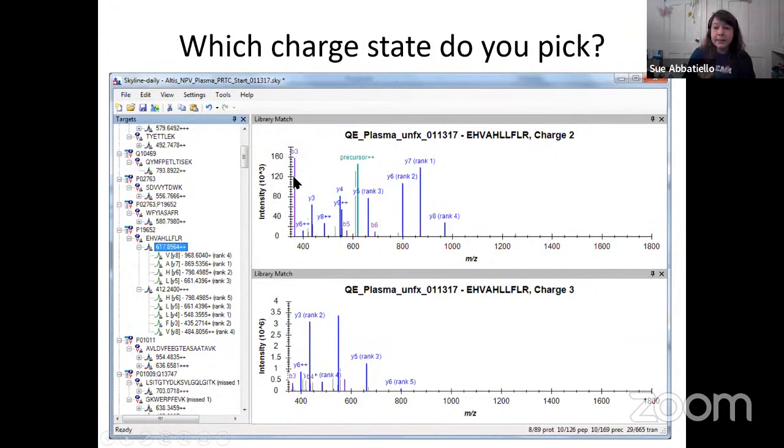When I set up a list and I'm looking at what's the best peptide to pick from proteins, I will usually look at the +2 charge state and the +3 charge state of a particular peptide. So here on the left-hand side in what we call the tree view, we've got the protein accession number, the peptide sequence with it, which is EHVAV, and then the +2 charge state at 617 and the +3 at 412.